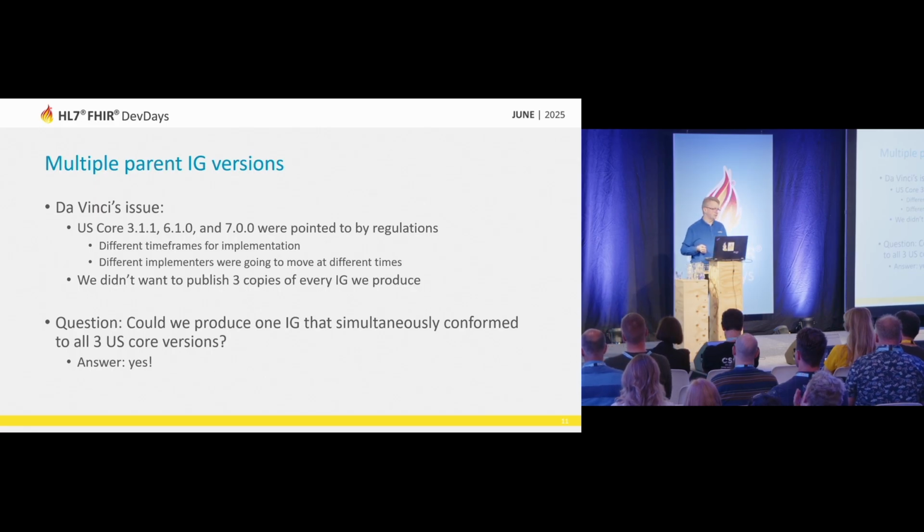And there's regulations in the US that say, right now, you must do US CDI Release 1, which corresponds to US Core 3.1.1. The numbers have nothing to do with each other. It's marvelous fun. But there is a regulation that also exists that says, in January, everybody has to do US CDI 3. 2 doesn't matter, but 3 matters. And that corresponds to 6.1.0.